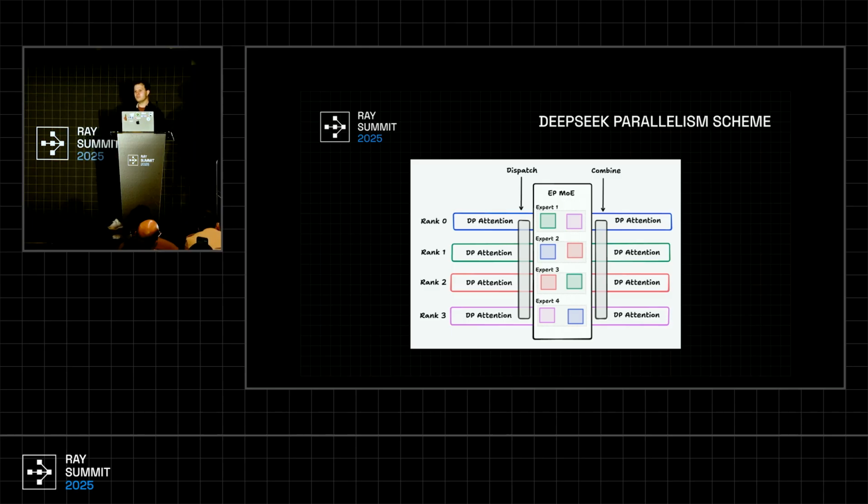And importantly, because we're doing attention in a data parallel way, rather than sharding the attention layers and sharding the KV cache, we will just route requests to one of n ranks, which allows us to have the full KV cache utilization without having to replicate the MLA KVs across multiple ranks. So this DP attention, EP MoE allows us to have one copy of the EP weights in a multi-node environment and really have a super large KV cache size that can allow the models to scale well to a multi-node environment.